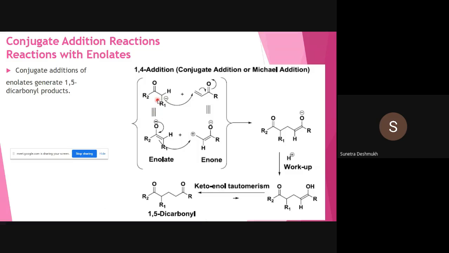Now this carbanion we can represent by the enolate structure. This is the tautomer of this one by shifting of the lone pair, and again here we can form the enol. We can represent this alpha beta unsaturated carbonyl group in enone form also, and by shifting of this carbon-carbon bond, we can generate a positive charge over here.